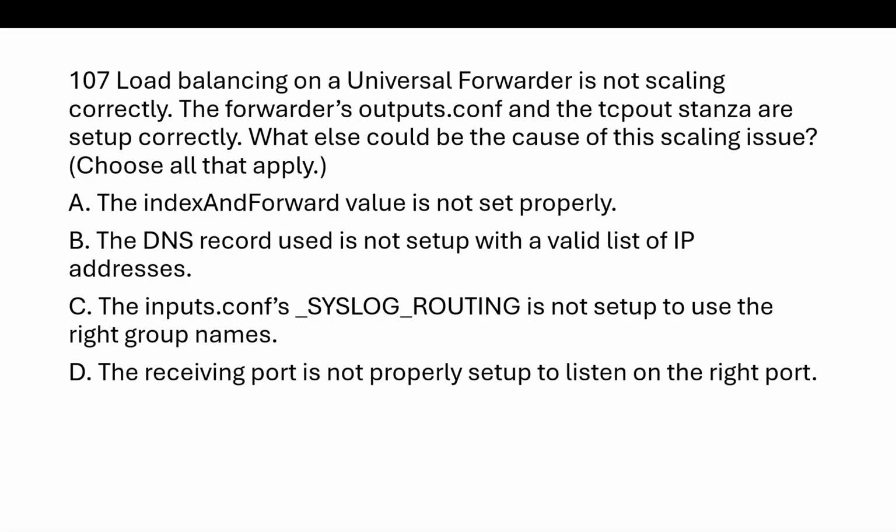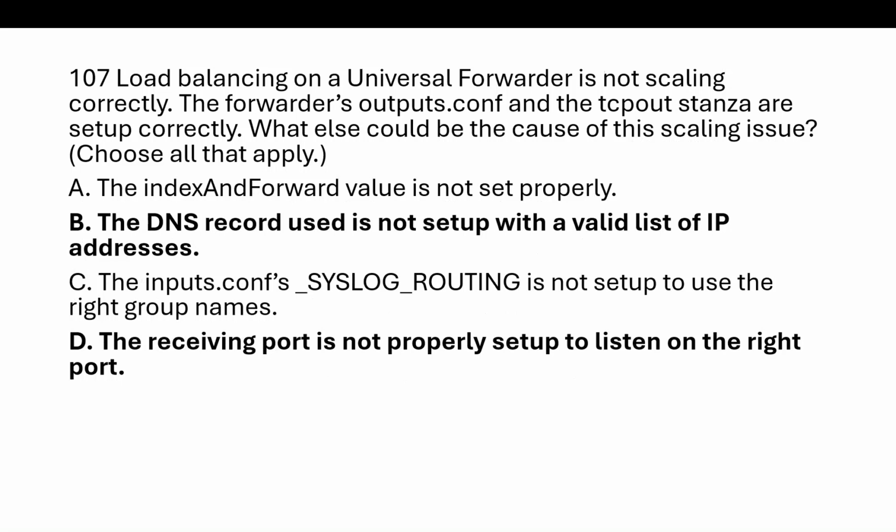Option C, the inputs.conf syslog routing is not set up to use the right group names. Option D, the receiving port is not properly set up to listen on the right port. And the answer is option B and option D. Option B, the DNS record used is not set up with a valid list of IP addresses, and option D, the receiving port is not properly set up to listen on the right port.